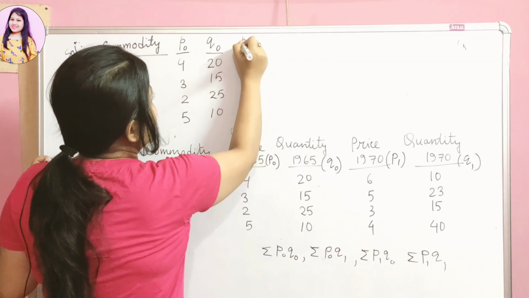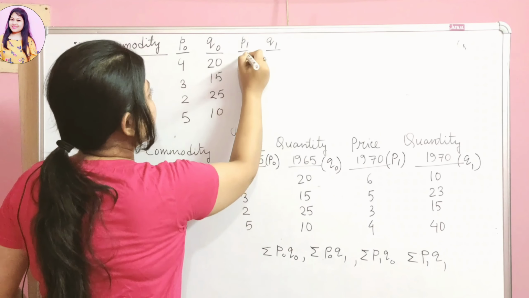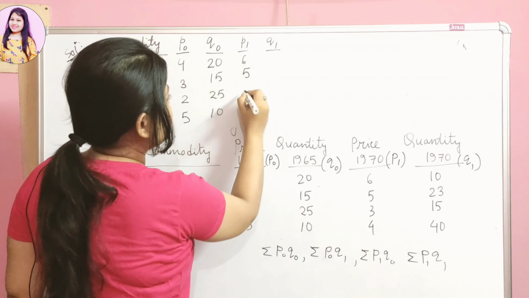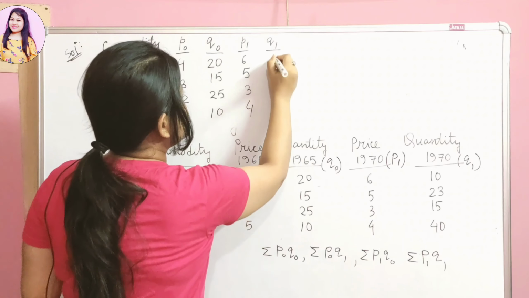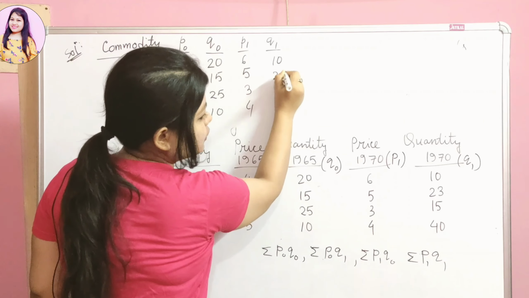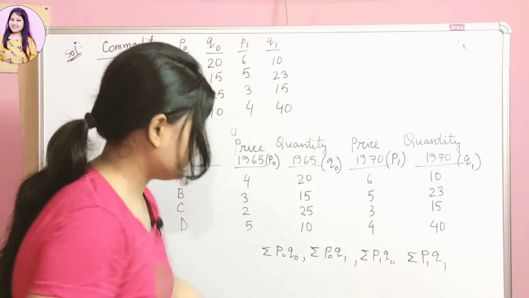For the current year, P1 is 6, 5, 3, 4 and quantity Q1 is 10, 23, 15 and 40.